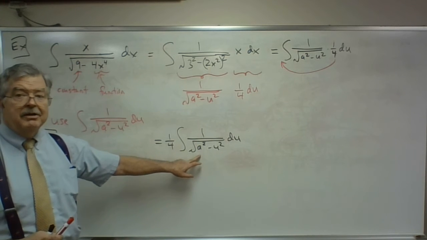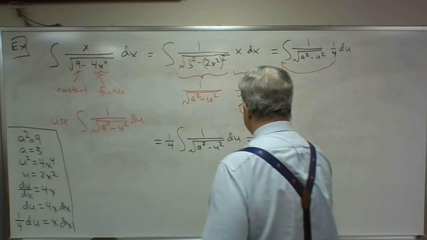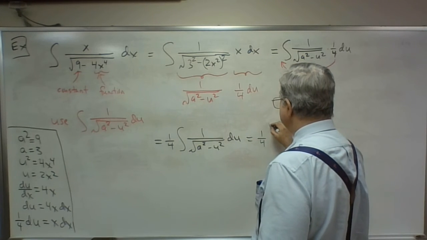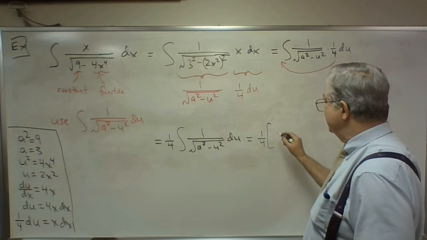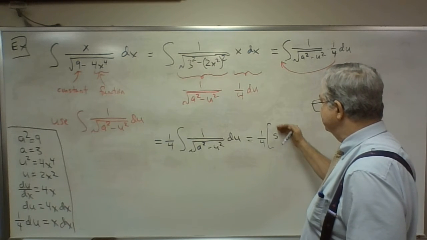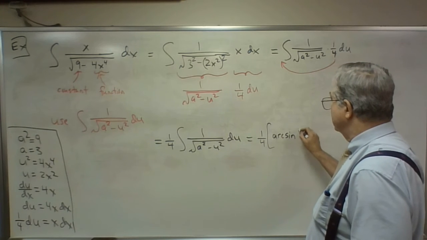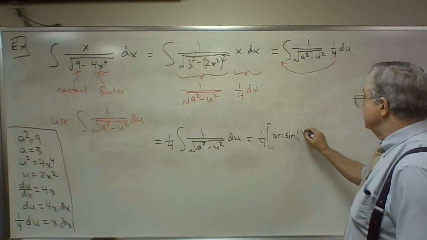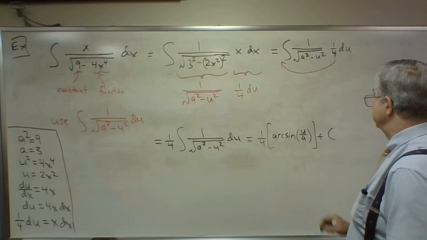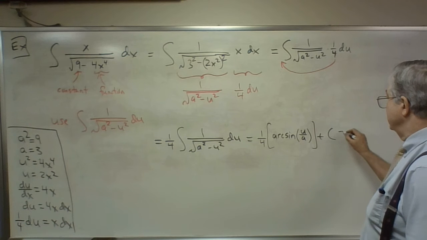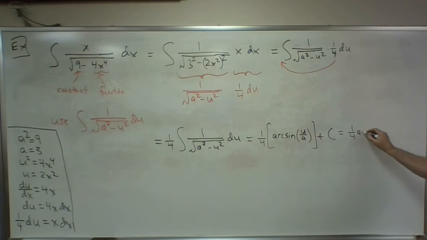This is a formula that we know. I'm going to have 1/4 times the integral of this thing, and that integral is arc sine u over a plus c, which equals 1/4 arc sine.